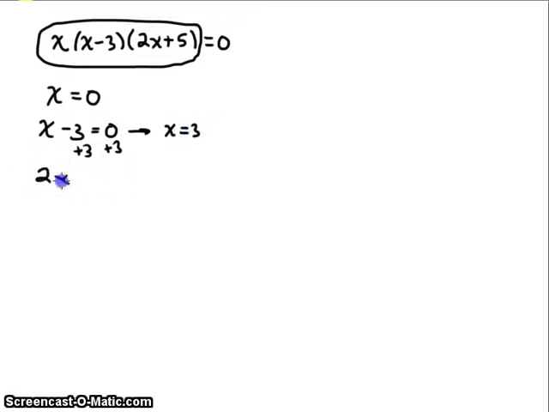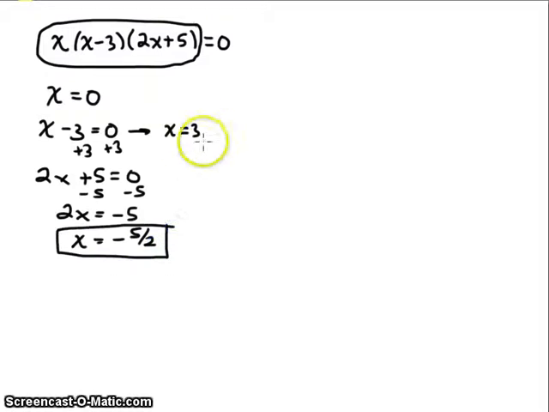And we have 2x plus 5 equals 0. I'll subtract 5 from both sides and then divide by 2. And I get my three zeros at x equals 0, x equals 3, x equals negative 5 halves.